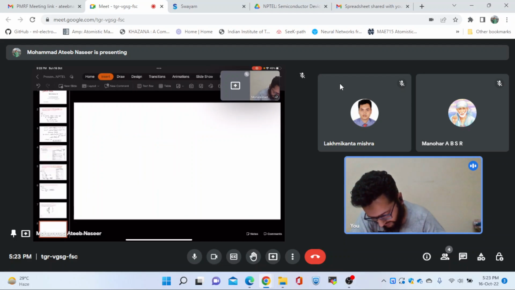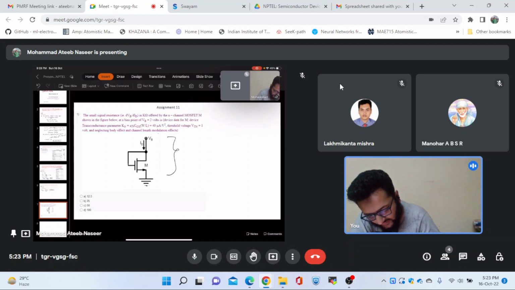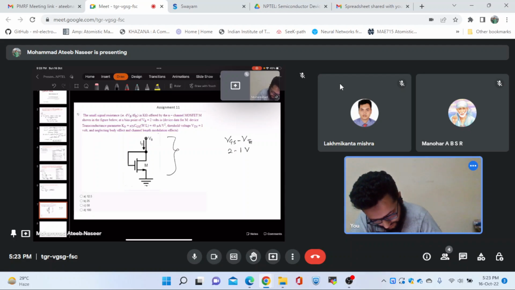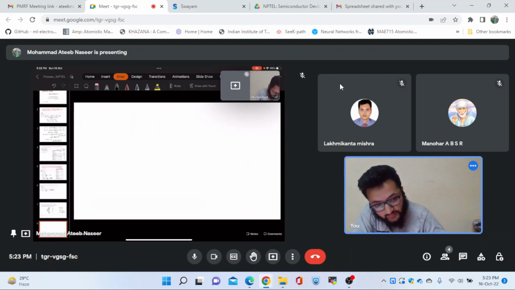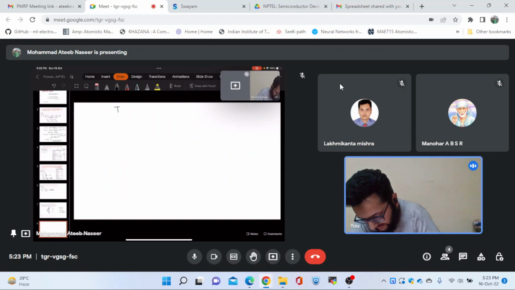So I will say that since VD is equal to 2 volts, VGS minus VTH is equal to 2 minus 1 volt, and VDS is equal to 2 volts. Therefore, it is in saturation.